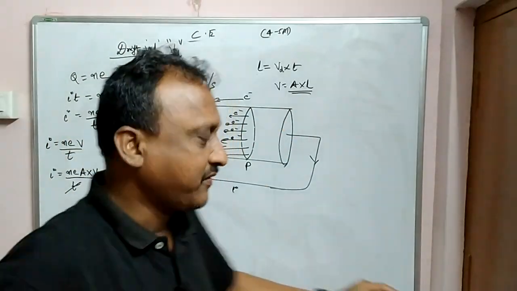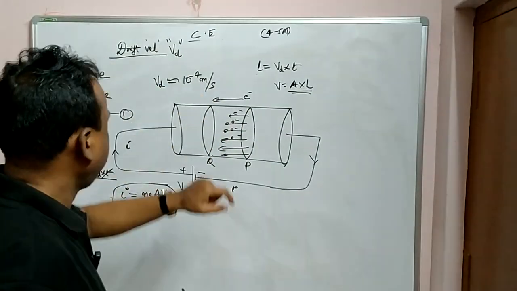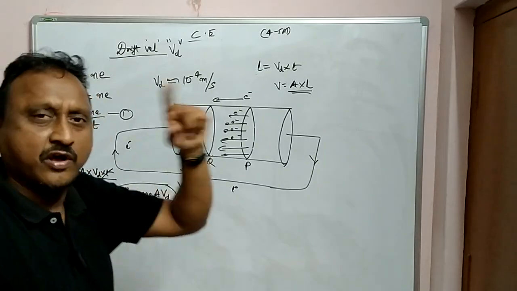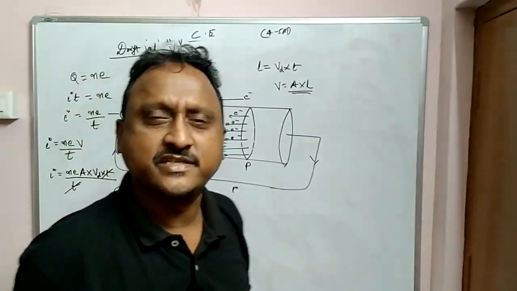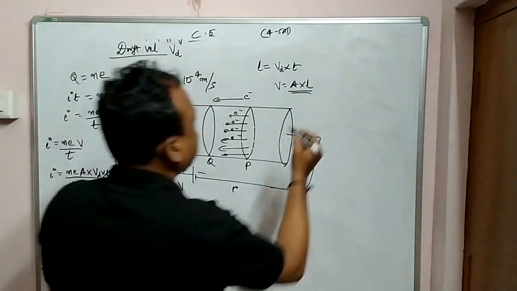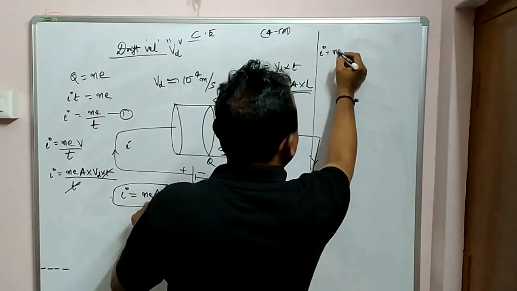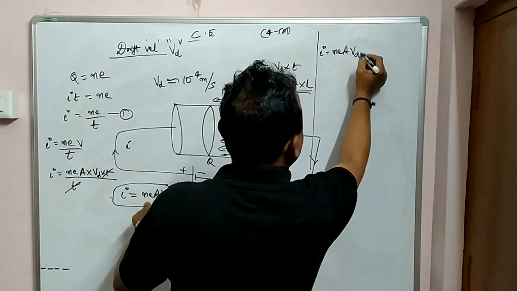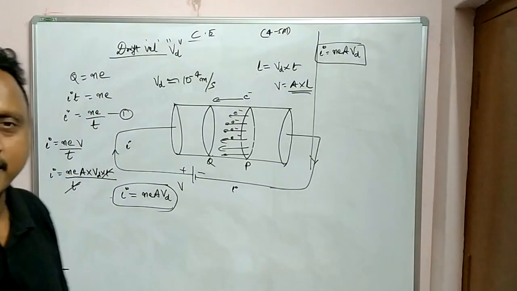Where Vd is the drift velocity of the electron, nearly 10 power minus 4 meters per second. A is the area of cross section of the conductor. E is the charge of the electron, 1.602 into 10 power minus 19 coulombs. N is the number of atoms. This is the relation, please note: I is equal to NEAVd. Very, very important while solving numericals.